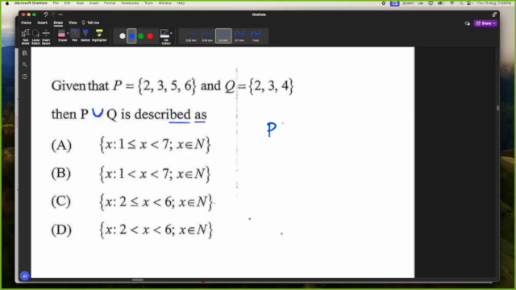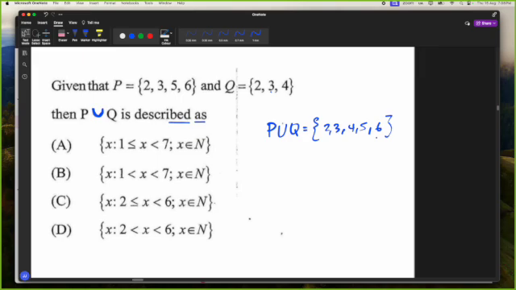U, right? The horseshoe is like a U, so it's a union. So P union Q. That is everything in P and everything in Q. You do not repeat the elements. So it'll be 2, 3, 4, 5, and 6.